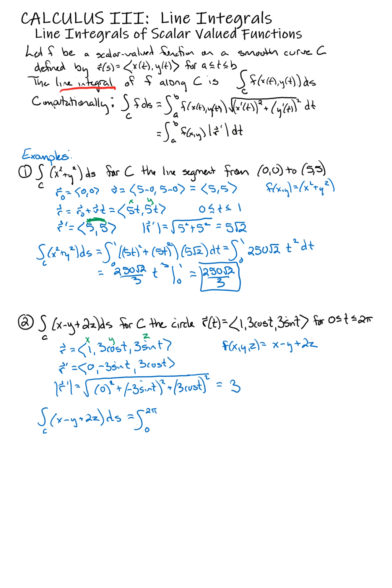So we end up with the integrand being 1 minus 3 cosine t plus 2 times 3 sine t. And then we multiply by the magnitude of r prime, that's 3, and then we integrate with respect to t.